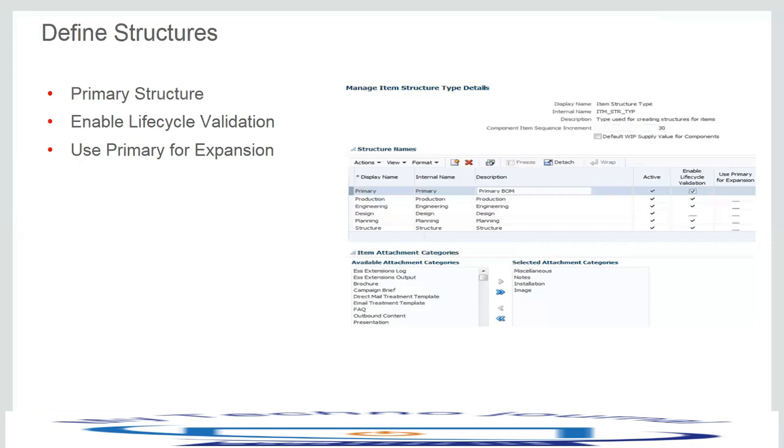So for example, if an item, taking the example of bicycle again, is in design phase, then all the components in its structure, it could be a wheel, it could be the frame, etc., should also be in design phase or in a later phase, certainly not in a previous phase.